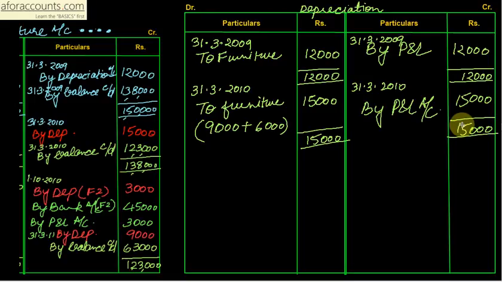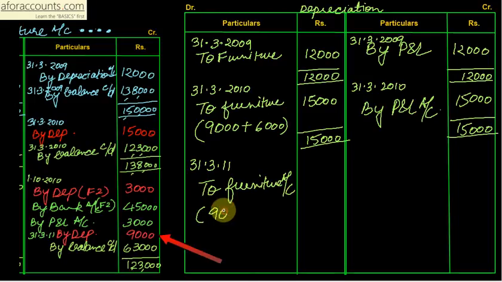Now for the third year depreciation. So depreciation account debit again to your fixed assets on 31/3/2011. Depreciation to furniture account. And the depreciation again, first furniture 9,000 full. 9,000 depreciation for the full year we have. But in the middle of the year F2 was sold.